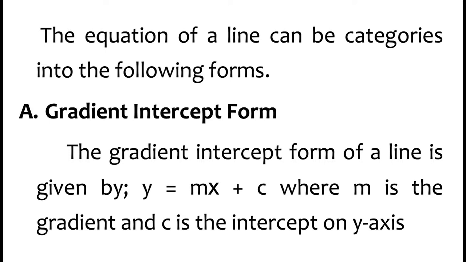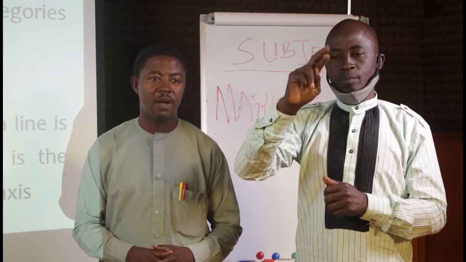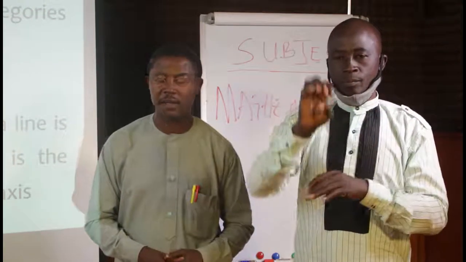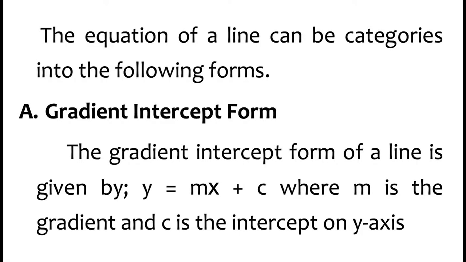A. Gradient intercept form. The gradient intercept form of the equation of a line is given by y = mx + c, where m stands for the gradient of the line and c is the intercept on the y-axis.